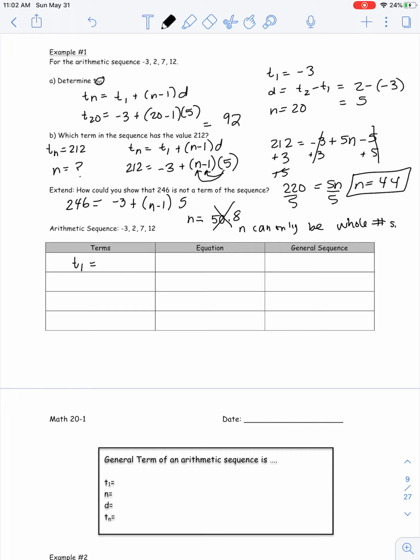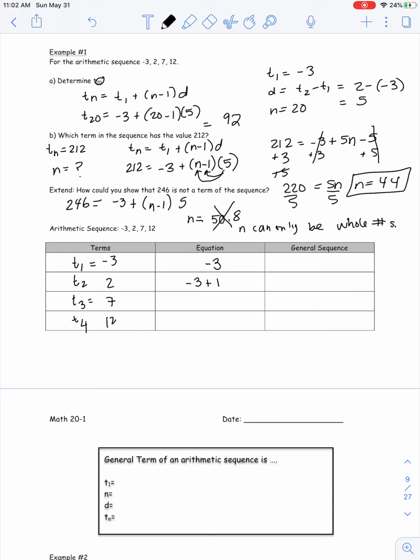In this next one, or in the same one, we know that term 1 is equal to -3, term 2 is 2, then 7, and 12. So when we're creating our equation, remember we're taking our -3 value, and we're taking -3 plus 1 times our common difference.